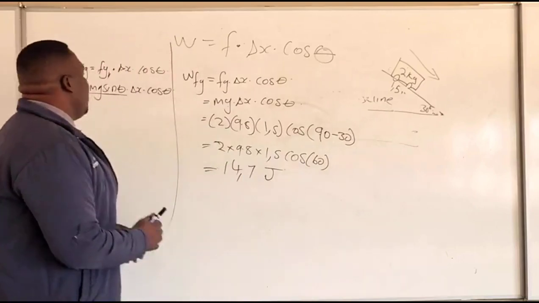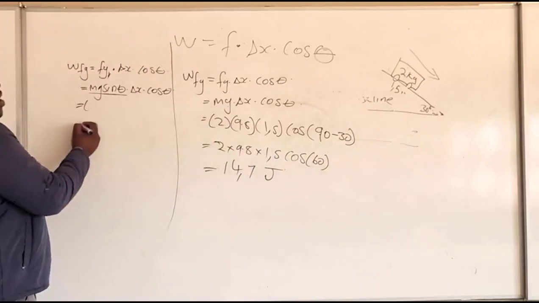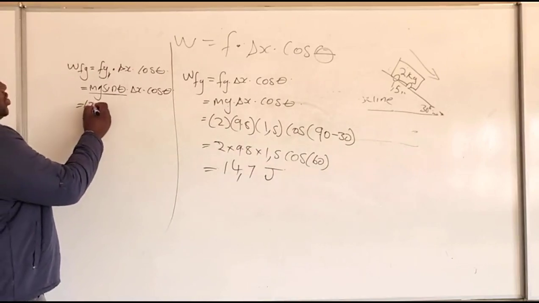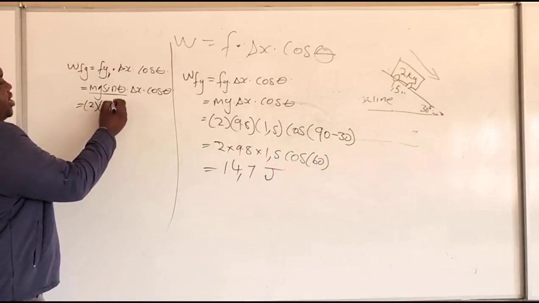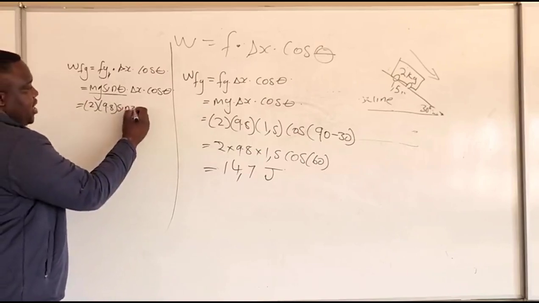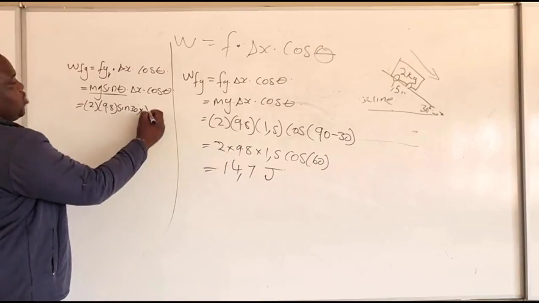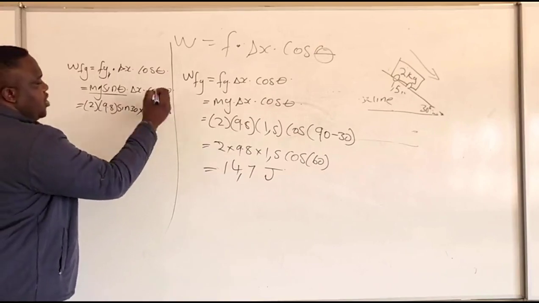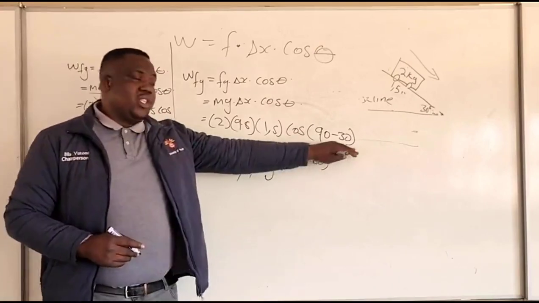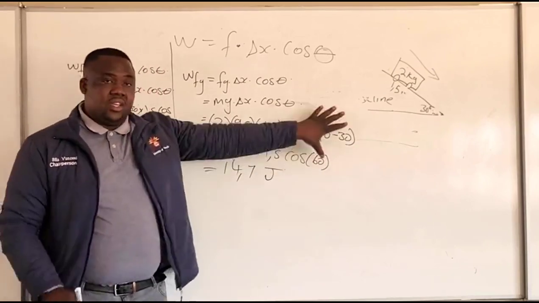So we will use Fg parallel, whereby we're going to have our mass, which is 2, gravitational acceleration 9.8, sine theta, then the displacement is 1.5. Then for cos, we no longer use the 90 minus theta thing.